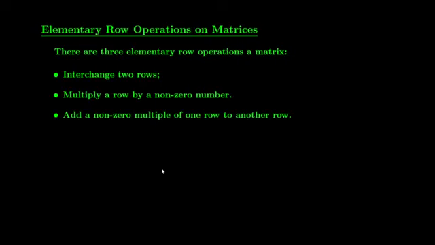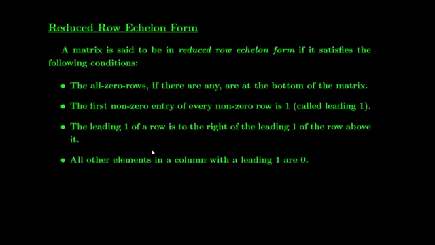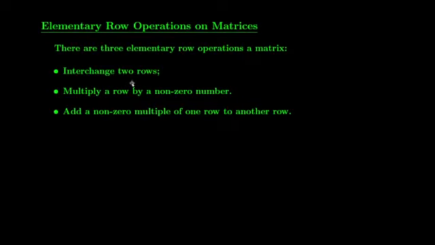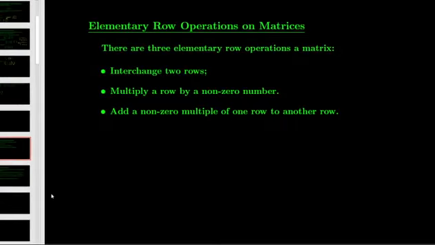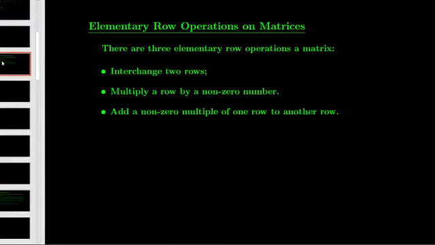Now you need to know the meanings of elementary row operations. To solve a system, there are 3 operations we can perform on augmented matrices.